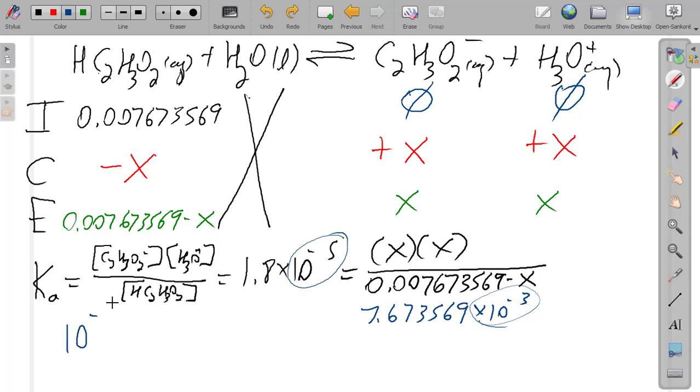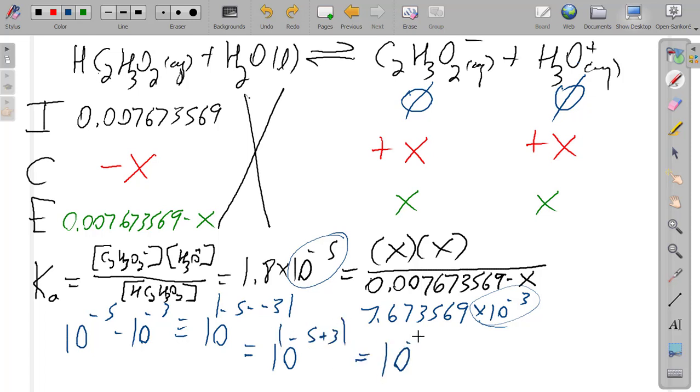So 10 to the minus fifth minus 10 to the minus 3 is the same thing as saying 10 to the minus fifth minus 3. And what I want is the absolute difference, so take the absolute of it. That becomes 10 to the minus fifth plus 3 equals 10 to the minus 2. And again, that's 10 to the 2 difference. That meets my threshold of being able to ignore the minus X.